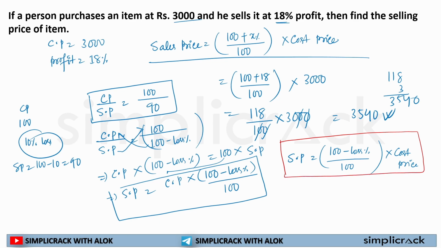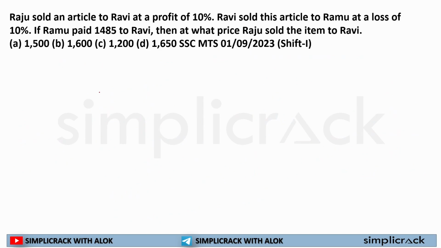Okay. The most important thing for each and every one of us is to understand that cost price by sales price in case of loss will be 100 divided by (100 minus x). See, if I'm writing minus x, that means it is less than 100, right? And in case of loss, my sales price will always be less than cost price, right?